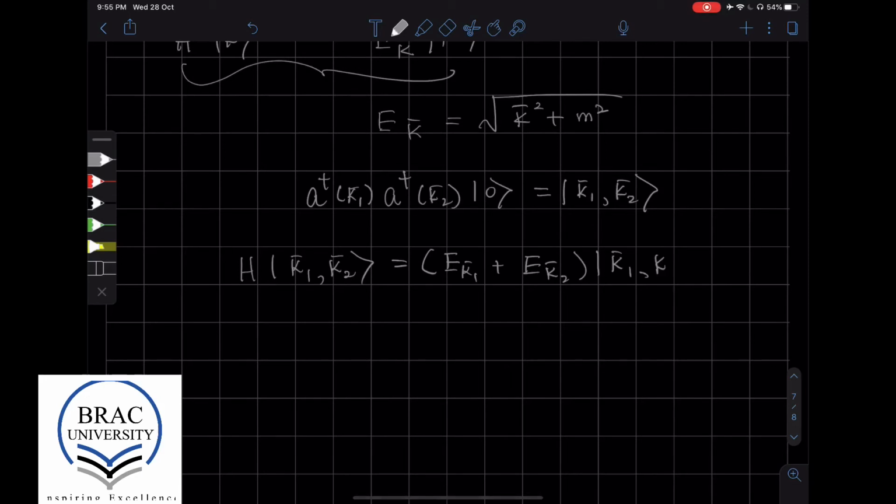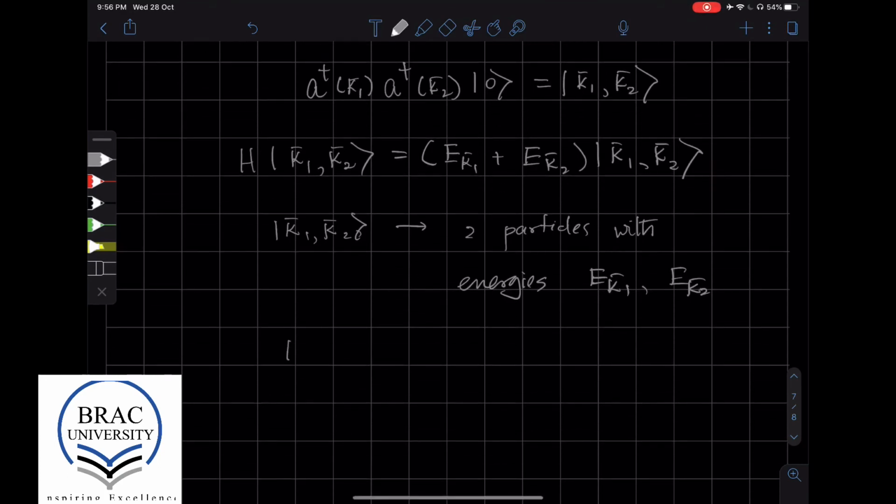It is this very important property which tells us that we can interpret this state as a state with two relativistic particles, with energies E of k1 and E of k2.